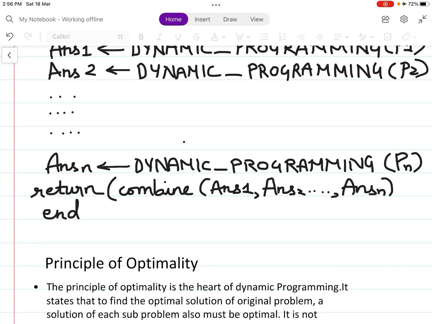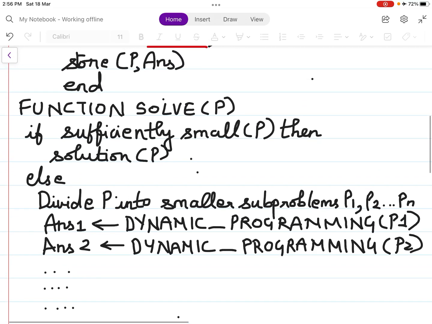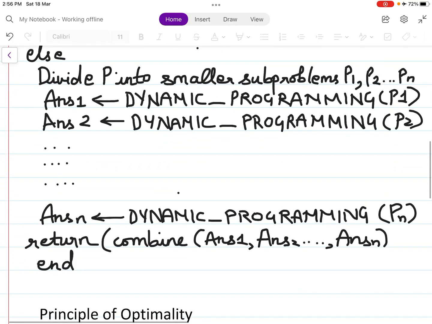So in dynamic programming, if the problem is small, then return the solution, else divide the problem into smaller sub-problems, add the results, that is the answers of those smaller sub-problems, and then return the value.